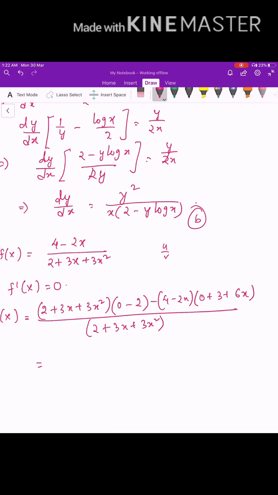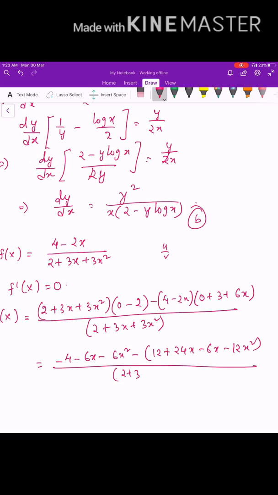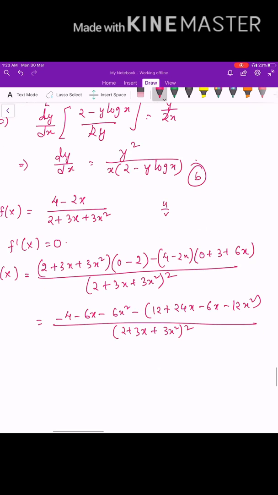So this becomes minus 4 minus 6x minus 6x square minus 12 plus 24x minus 6x minus 12x square upon, okay, this will be whole square, I'm sorry, 2 plus 3x plus 3x square whole square.